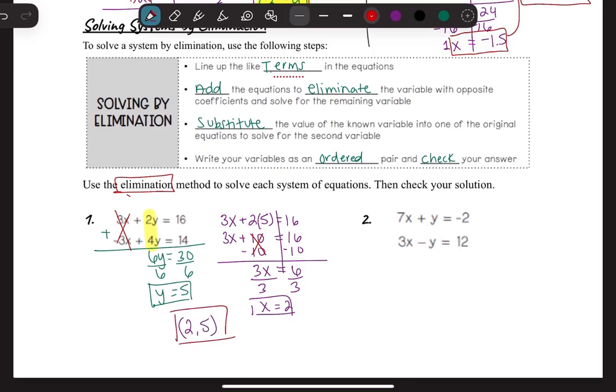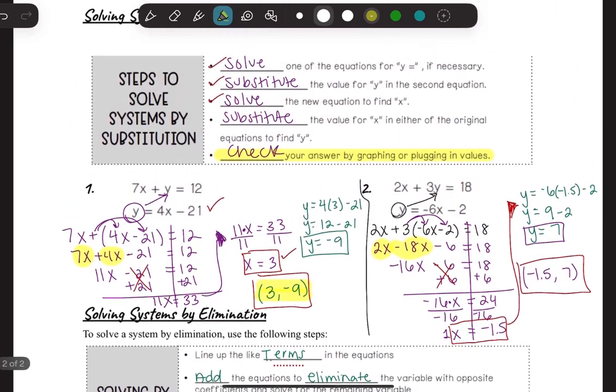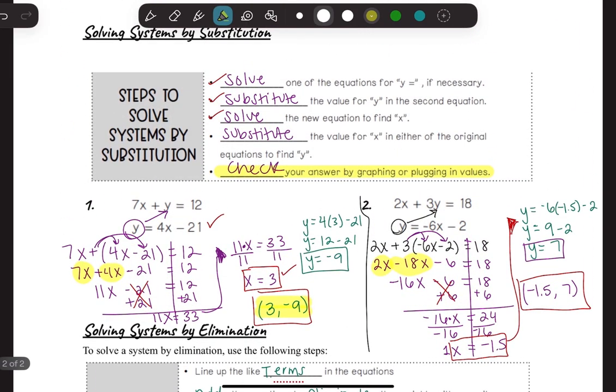Okay, and let's do the same thing to the second one. Number 2, we have 7x plus y equals negative 2, and 3x minus y equals 12. I don't know if you guys noticed, but when you solve by substitution, one of the equations is already as y equals. So that makes it easy to see if you should solve by substitution or not.